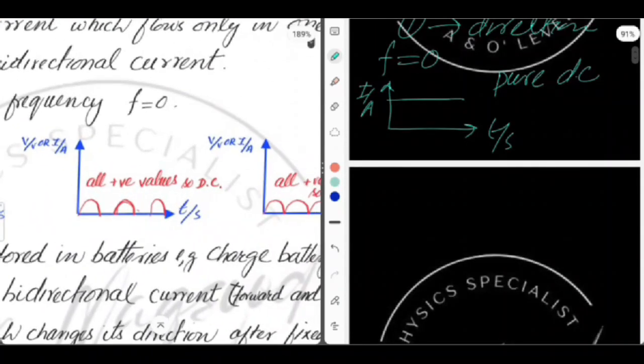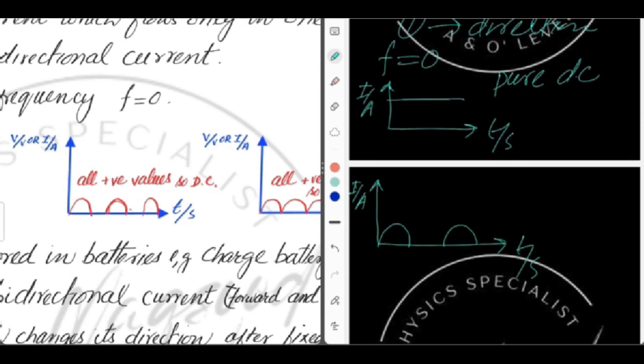In the second graph, the value of current remains positive but its magnitude changes. Positive means there is only one direction, but its magnitude changes from 0 to maximum and maximum to 0, or we can say its magnitude fluctuates, because it has only positive values.